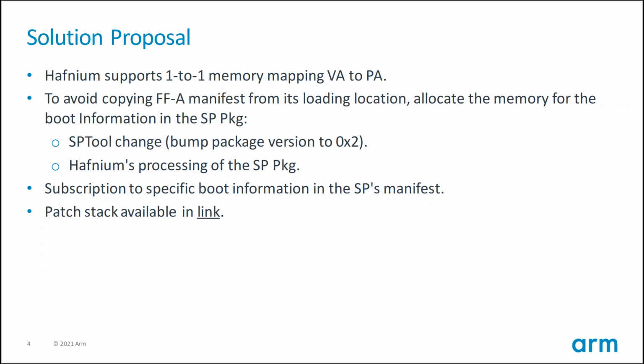For the subscription of a given type of boot information, we extended the SP's manifest. For a given SP, we will need to add information to its manifest that it requests a given type of information, in this case, the FFA manifest. I will show you later how this looks.